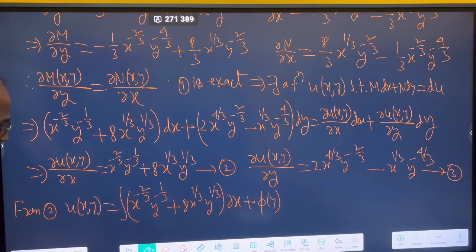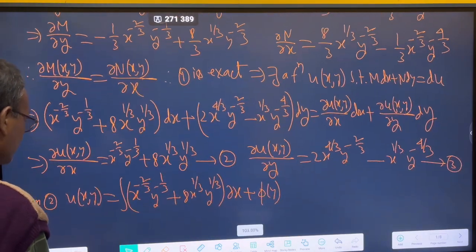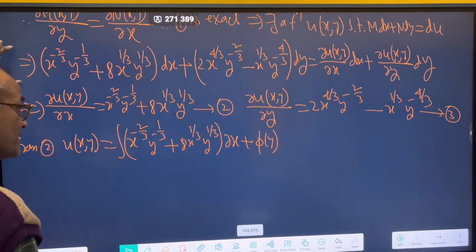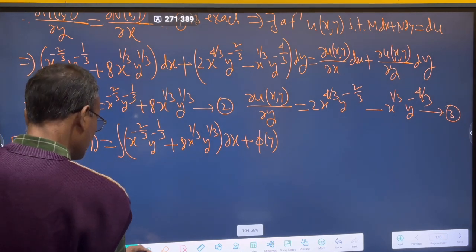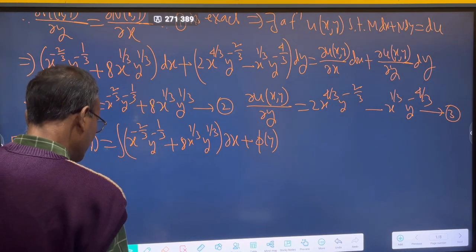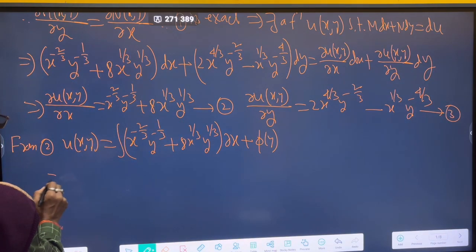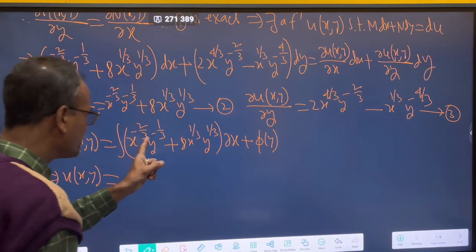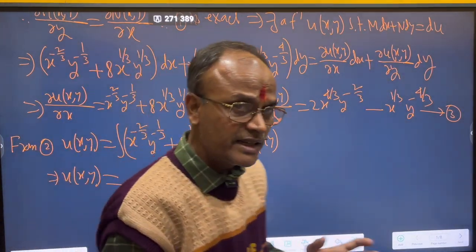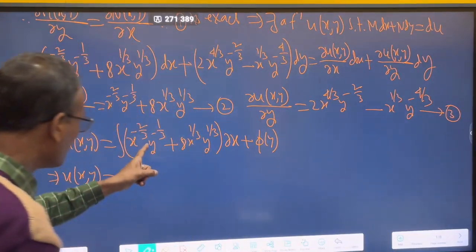You will get this one. This means that u(x,y) is equal to, with respect to x, integrate treating y as constant.